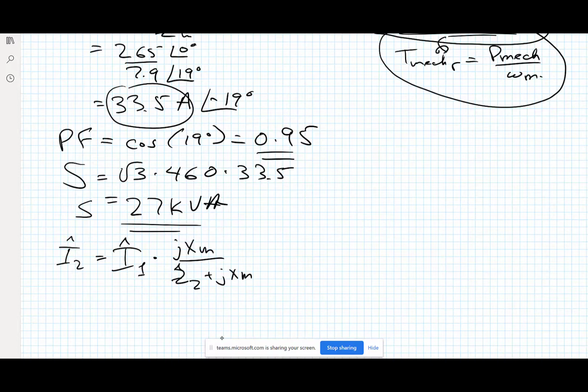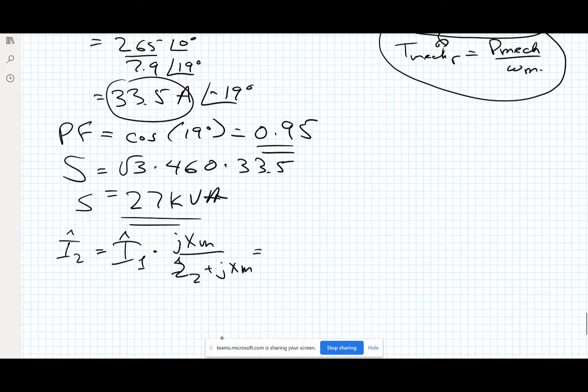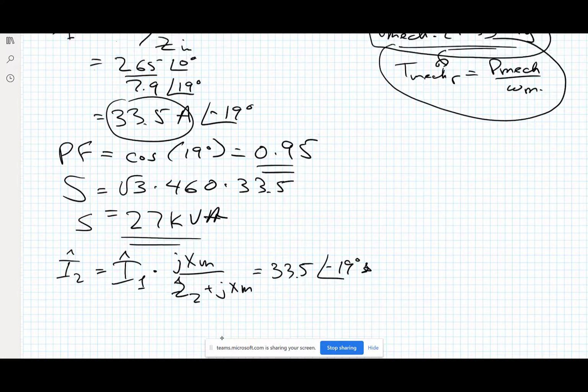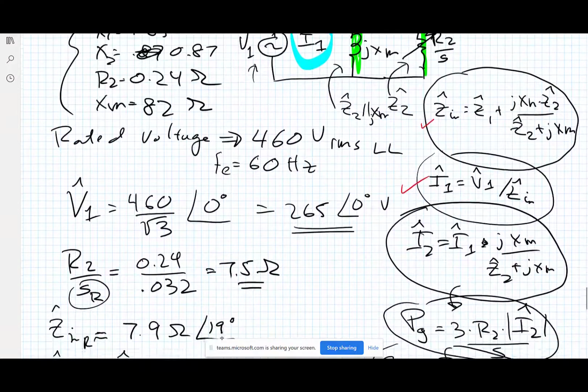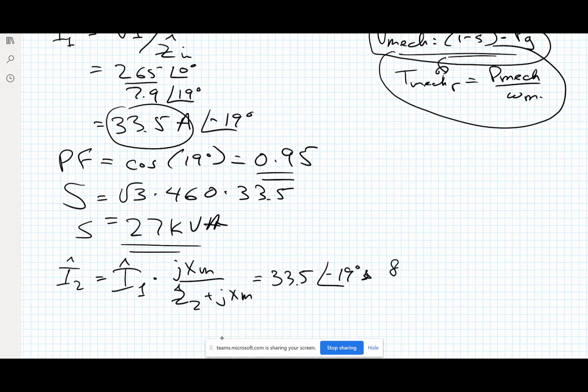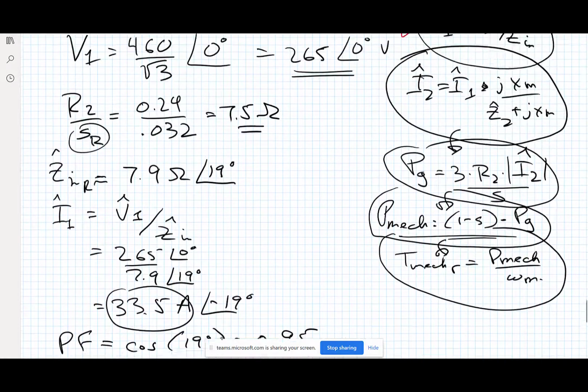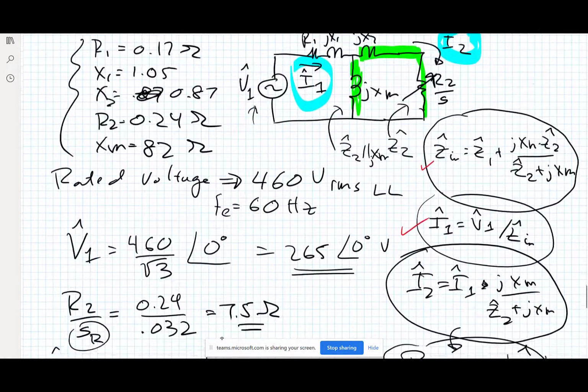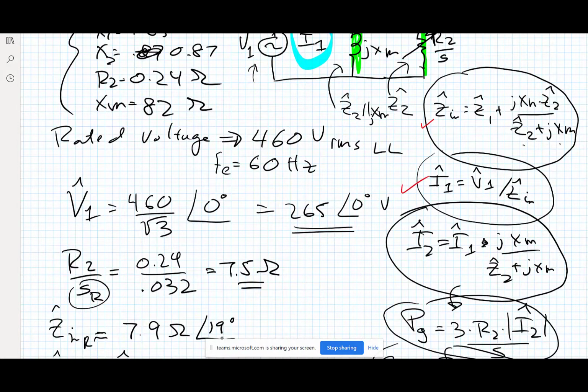Makes sense here. So that's 33.5 at negative 19 degrees times the XM, which was 82, j, that's a 90, right? Now I have to divide by Z2 plus jXM.